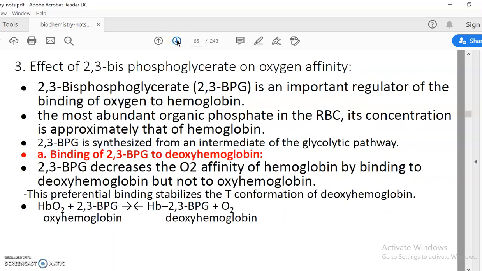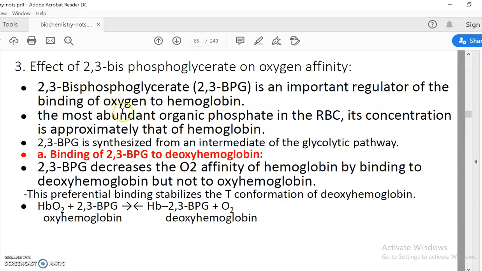The third effect is the effect of 2,3-bisphosphoglycerate on oxygen affinity. In the beginning, 2,3-bisphosphoglycerate, or as we will call it, 2,3-BPG, is an important regulator of the binding of oxygen to hemoglobin.